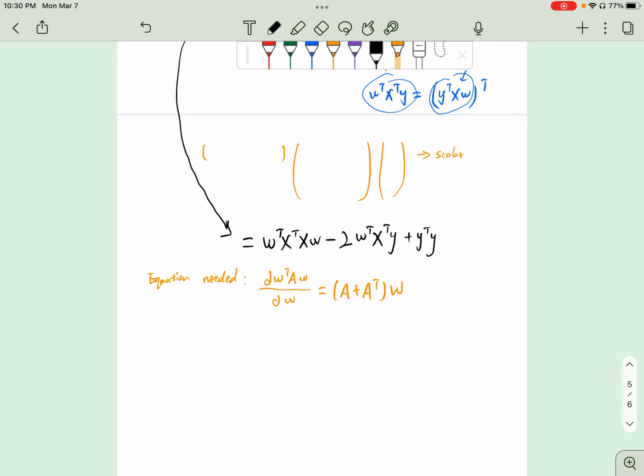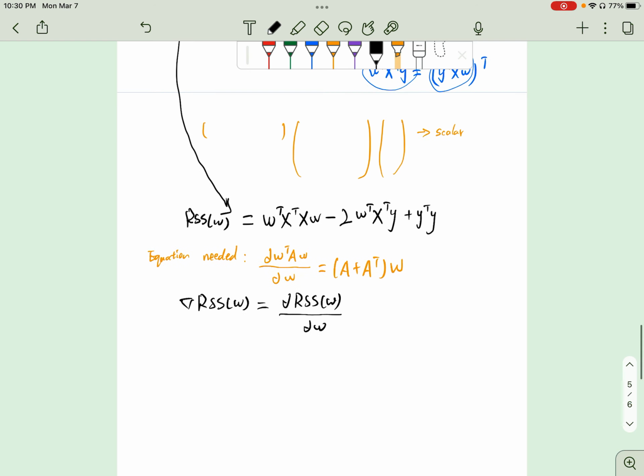Next step, we will take the gradient over omega. So it's the partial derivative of RSS(omega) over omega.